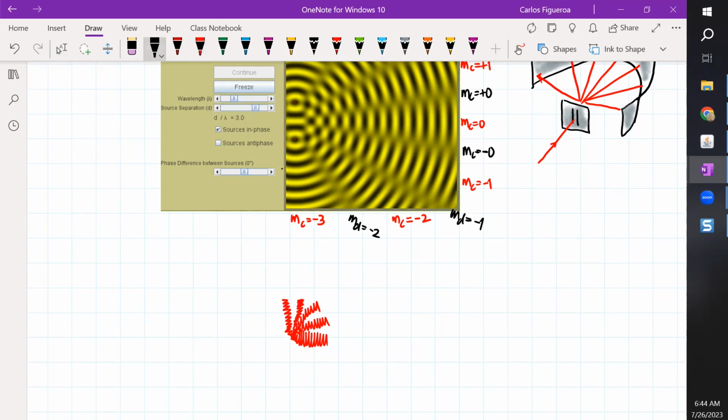So then if I look at my darks here, you can see half the pattern looks something like this. So then here's my interference pattern, which is the image that you're just seeing right here.